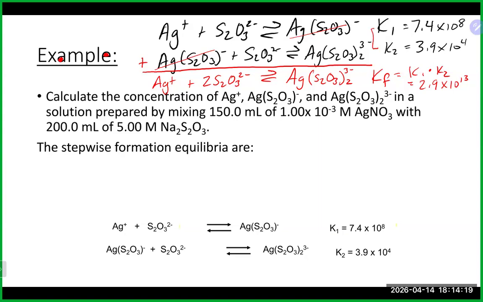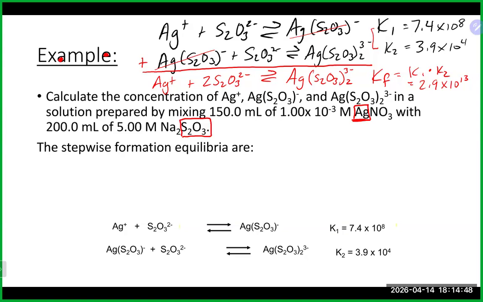So now that we have the overall reaction, we want the concentration of both the metal, the silver ion, and the ligand, the S2O3 2 minus. The silver nitrate is our source of silver ion, and our sodium salt is our source of our ligand, S2O3 2 minus.